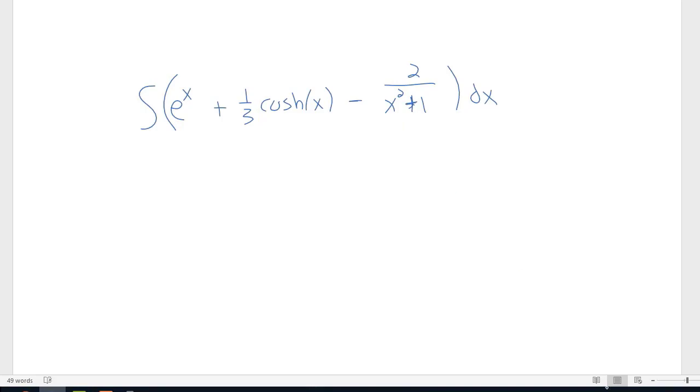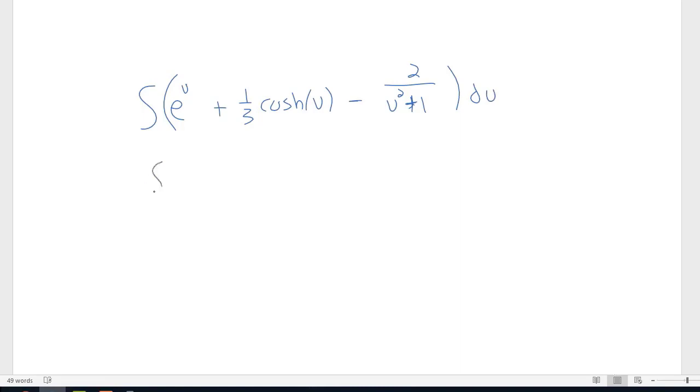I don't want to use x here. Let's pick a different letter, because the reality is, this letter can be anything that it wants. So I'm going to make this e to the u, hyperbolic cosine of u, and then u squared plus 1, and du. So it's the form of the integral that we're trying to match here.